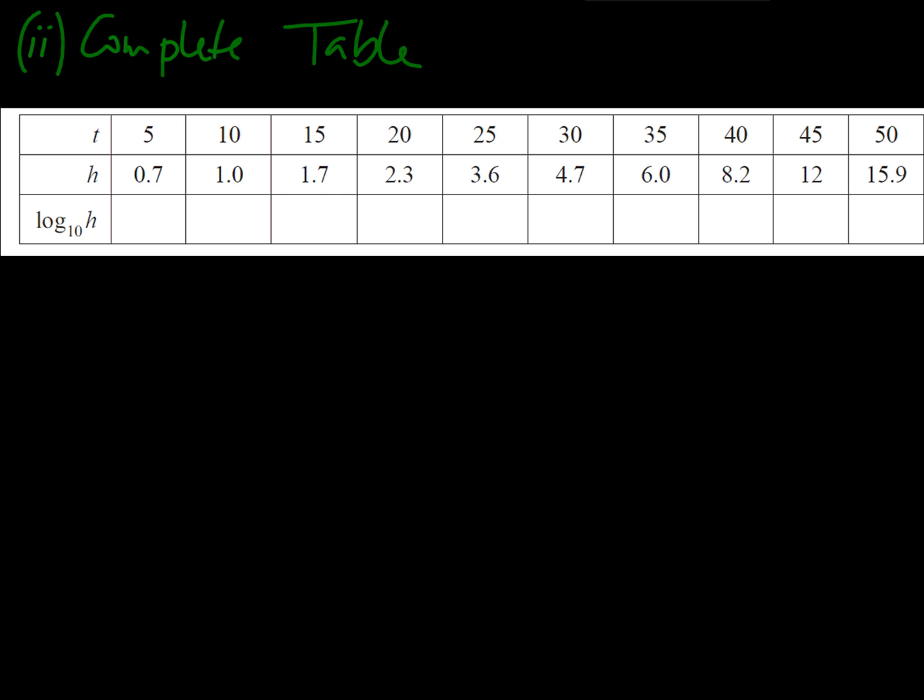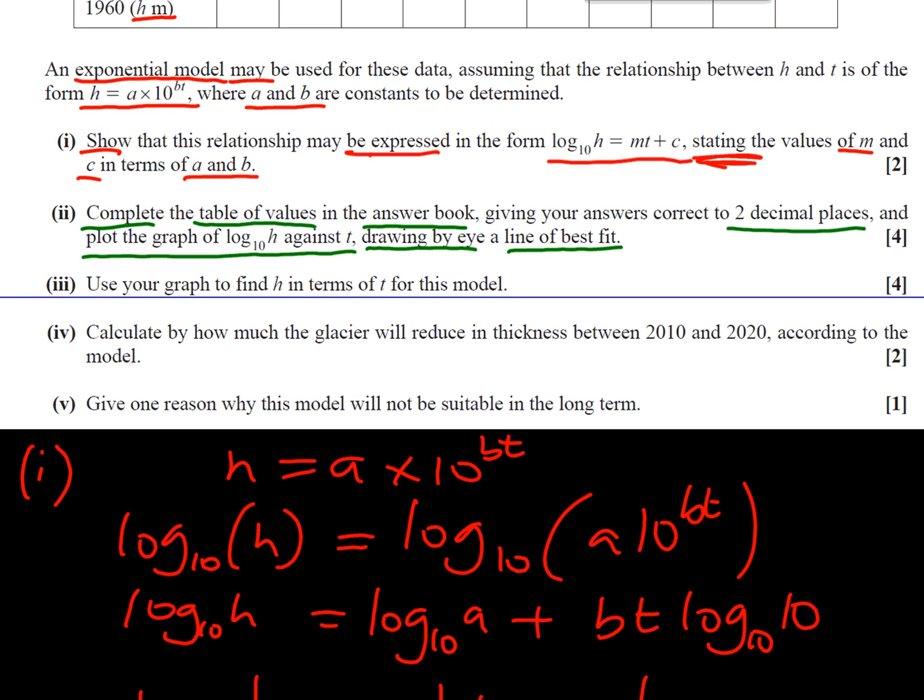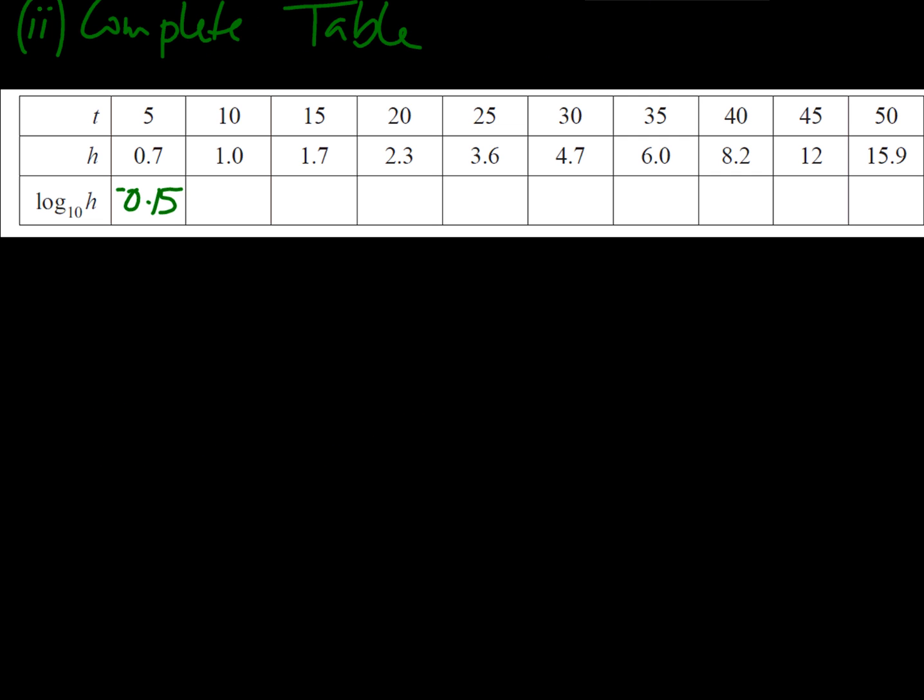So getting our trusty calculator out, we can find that the log to base 10 of 0.7 is minus 0.15, and they asked us to do this to 2dp, wasn't it? Let's just whiz back up and have a very quick look. Quote 2 decimal places, yeah, there we go.